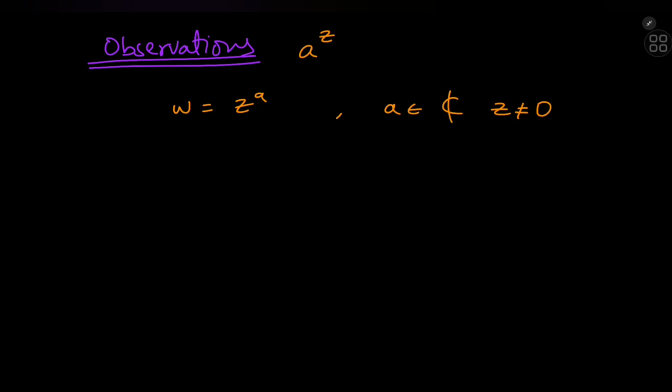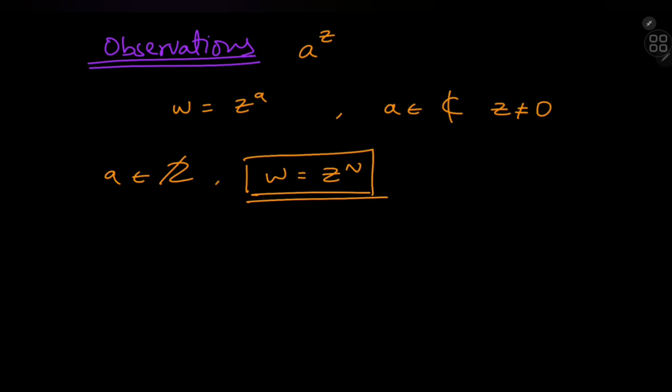And the first observation I would like to make is that if a is an integer, like let's say that a equals n, then w equals z to the n is nice and continuous. We saw that in, I think, the third or the fourth video in the series, that this complex monomial function is nice and continuous, and this case extends to complex polynomials.